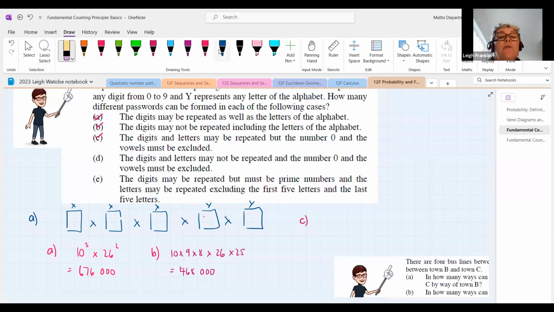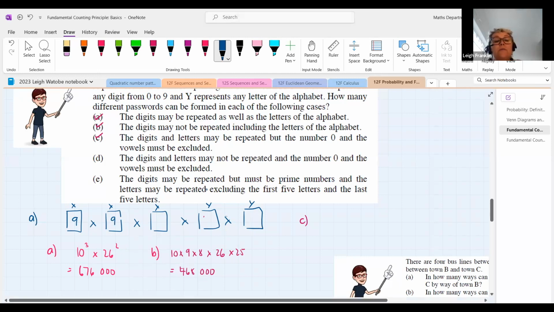If we are excluding the number 0, how many ways do we have of filling the first box? 9. Good. Remember, numbers may be repeated, so how many ways do we have of filling the second box? Also 9. Good. And the third box?